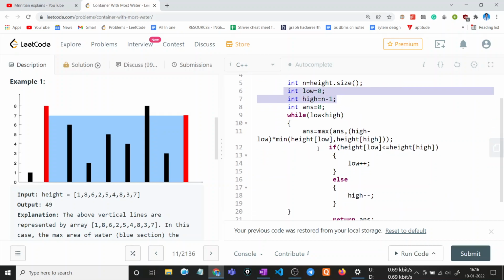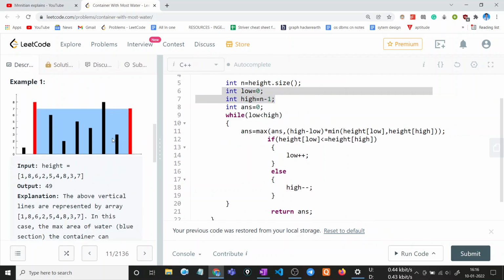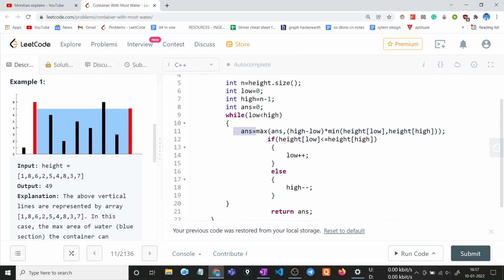For every step we calculate the answer, and we have already shown how to calculate the area: we take the distance, high minus low, and multiply by the minimum vertical height.